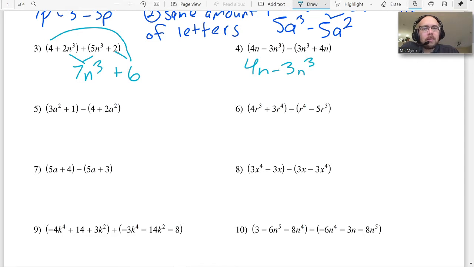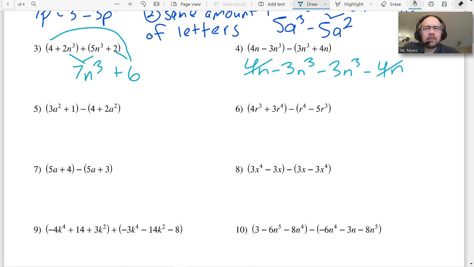So with number 4 here, like number 2, I'm going to have to distribute the negative. I'm not going to show the actual arrows. I'm just going to kind of do it. So minus 3n cubed minus 4n. Minus 4n cancels. If you take anything and subtract it by itself, it goes away to 0.